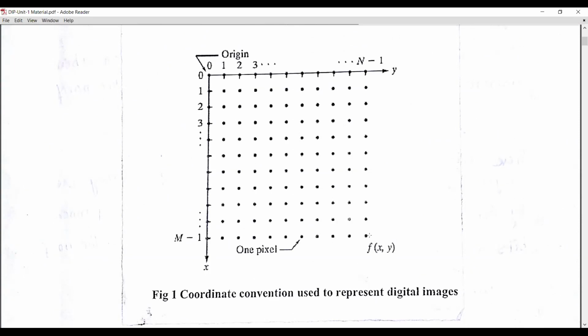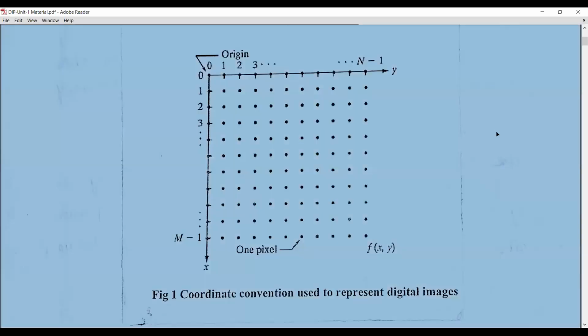Before representing the pixel values on the axes, we divided the total pixels of an image into m rows and n columns. After dividing the image into m rows and n columns, we place all the pixels on the x-axis and y-axis. That is one of the representations, called the coordinate convention representation.